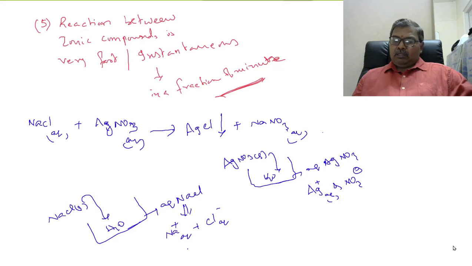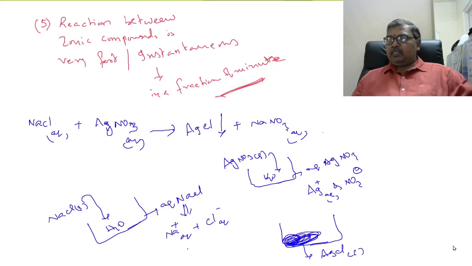Now see, if these two solutions are mixed together, then we will get solid AgCl. So when two solutions are mixed together, if a solid separates from the mixture, it is called a precipitate.